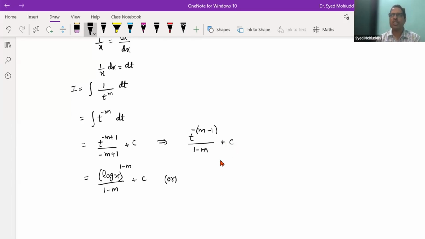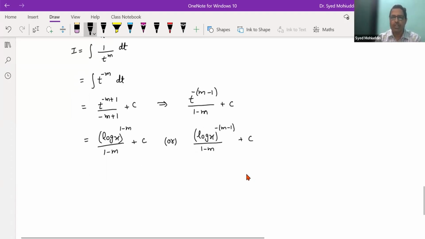Further, what is the t value? The t value is log of x. So it is log of x to the power of minus of m minus of 1 whole, divided by 1 minus m, plus the constant of integration c.